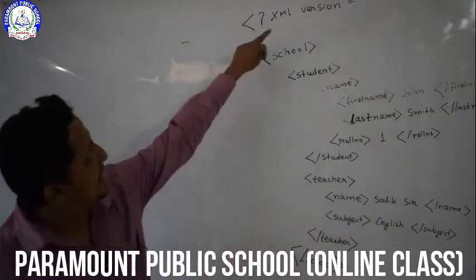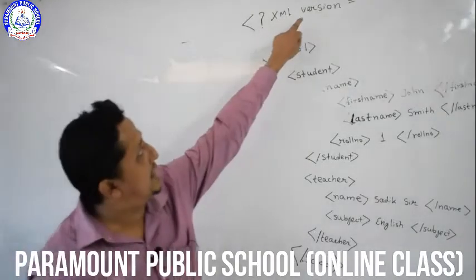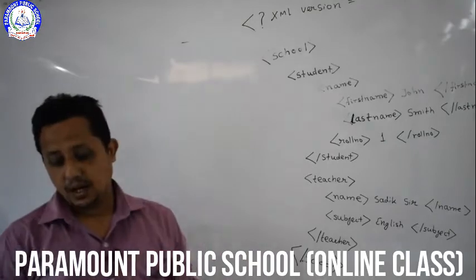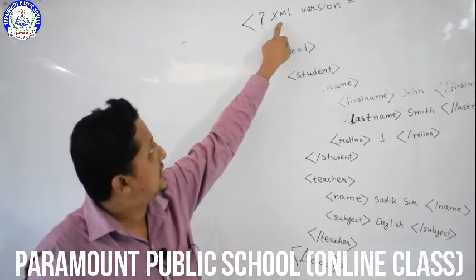The first line of an XML document is called the processing instruction.